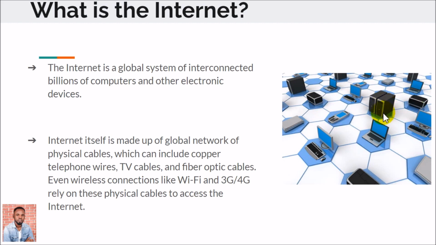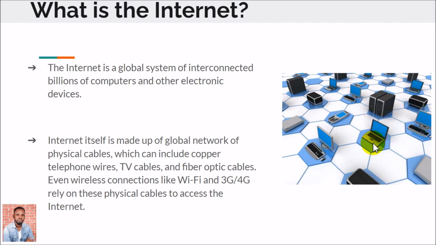That means you can have this computer in the US, this one in Nigeria, this one in the United Kingdom, and all these computers can be connected with physical cables like fiber optic cables. When they communicate with each other, if you access this computer, you also will be able to access information stored on this computer in the US. If you access this computer, you can access information stored in London.